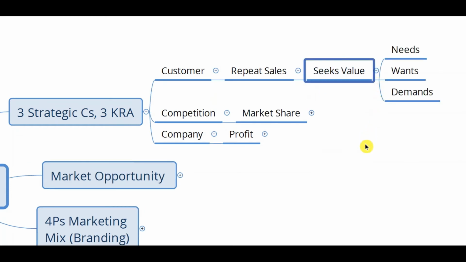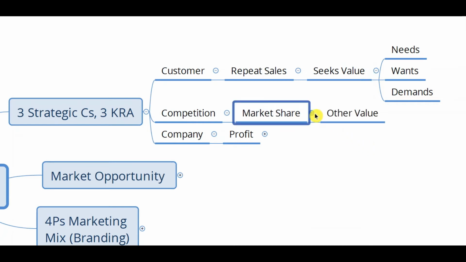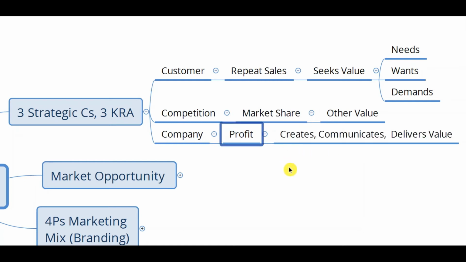Now, competition is a source of other value to satisfy the customer, and the company should create, communicate, and deliver value better than competition. So this mind map clearly demonstrates the three C's, the three KRAs, and the link of this towards value.